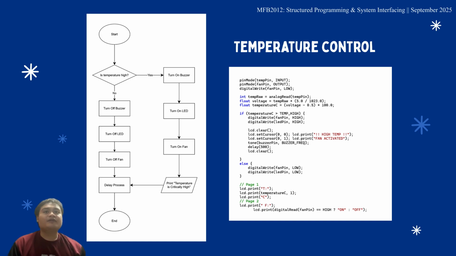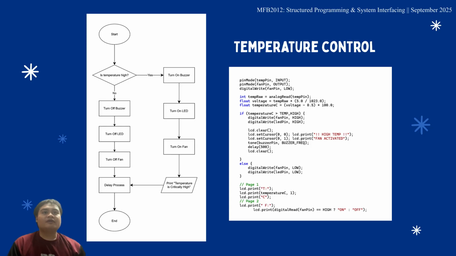Meanwhile, if the temperature is not high, then the buzzer, the LED, and the fan will be turned off. For both processes, we want them to go through the delay process after each prompt. This is to make sure that the loop will have time before going to another loop.